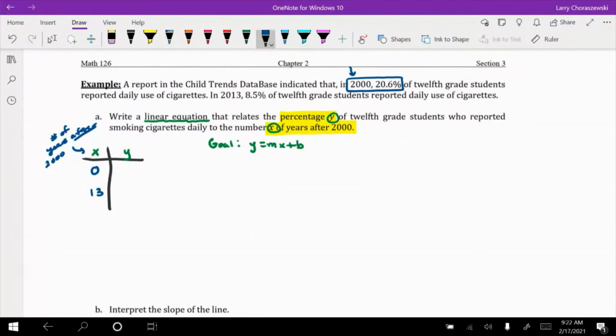So that 2000 would correspond to an x value of 0. And as you might expect, the 20.6%, that's a particular y value. Specifically, it's the y value that corresponds to x equals 0. So we could use 20.6 for that. And then in the second sentence, 2013 would correspond to an x value of 13, and the corresponding y value would be 8.5%.